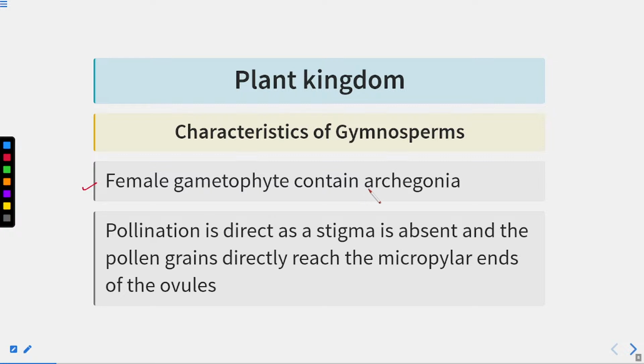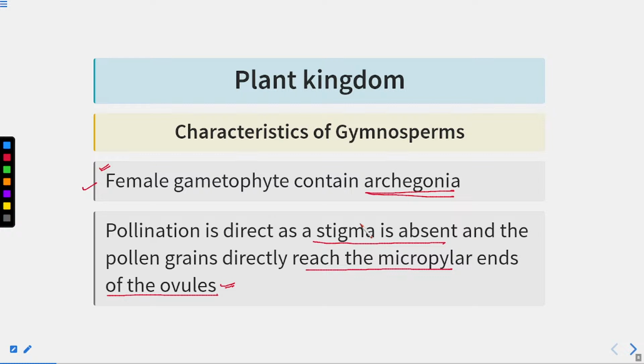The female gametophyte contains archegonia. Let us talk about the male and female gametophytes. The pollination is direct as the stigma is absent, and the pollen grains directly reach the micropylar end of the ovule.